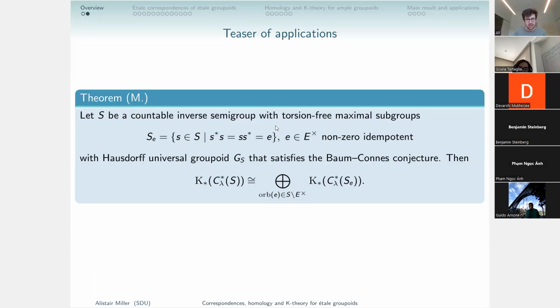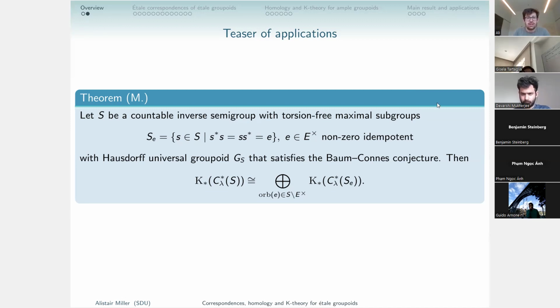So here's a teaser of that kind of result. This is the kind of C-star algebras whose K-theory I can now compute using the techniques that I'll tell you about today. We start off with an inverse semigroup, which, as a quick description, is that inverse semigroups are the algebraic structures of partial symmetries, compared to groups being algebraic structures of symmetries.